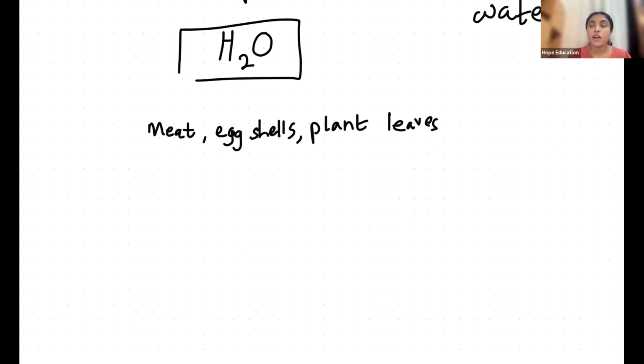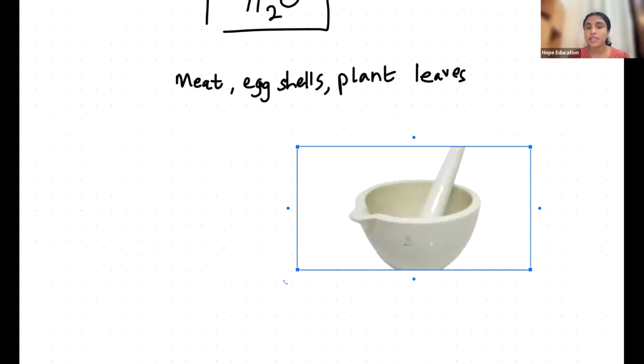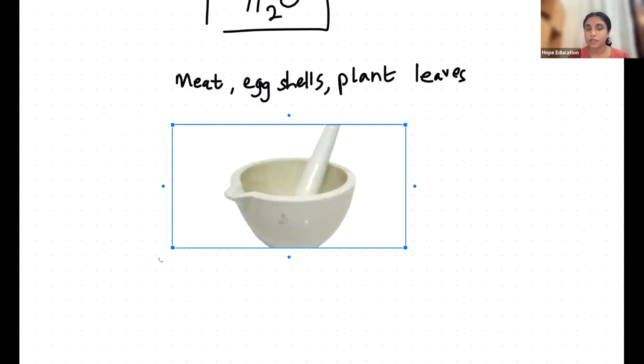I'm going to first of all take a mortar and pestle. Let me show you a picture of mortar and pestle. Children, you have a grinding stone at home, which is a bit bulky in form. In the lab we have a mortar and pestle made of ceramic. Can you see this picture, all of you?